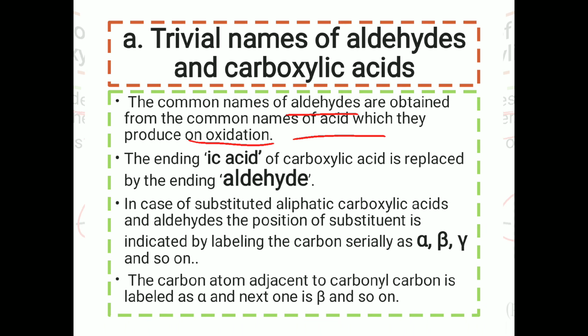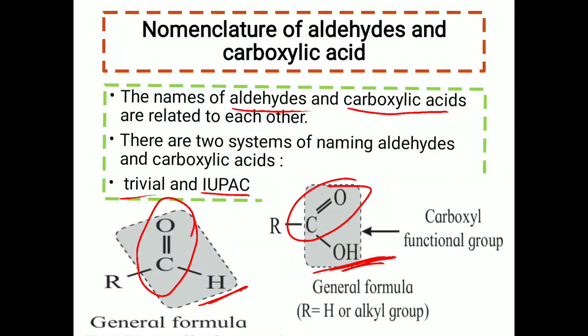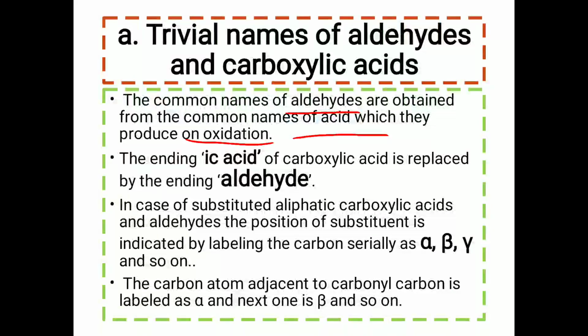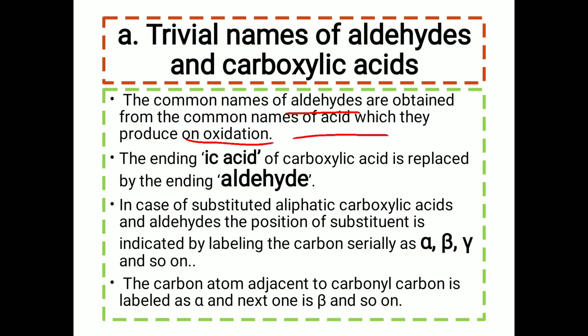As we already saw in the general formula of aldehyde and carboxylic acid, the only difference is the extra oxygen in the carboxylic acid. That means the carboxylic acid can be formed by the oxidation of the aldehyde. So the ending IC of the carboxylic acid is replaced by the ending aldehyde.